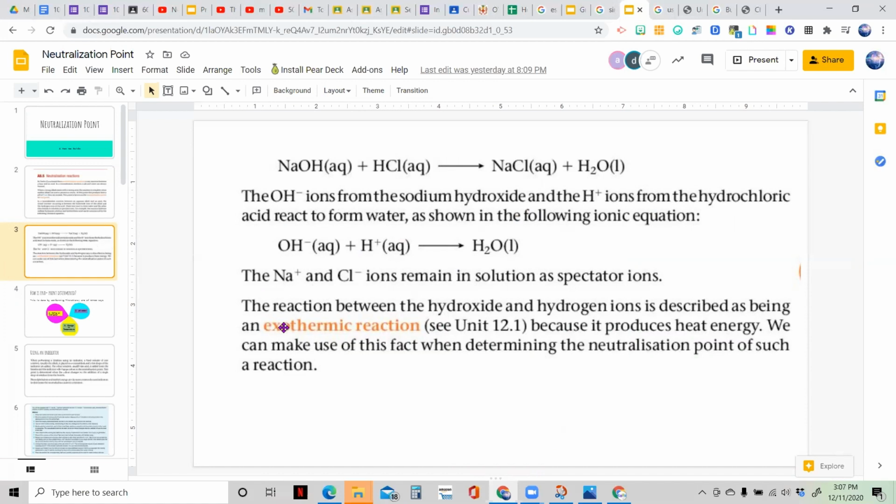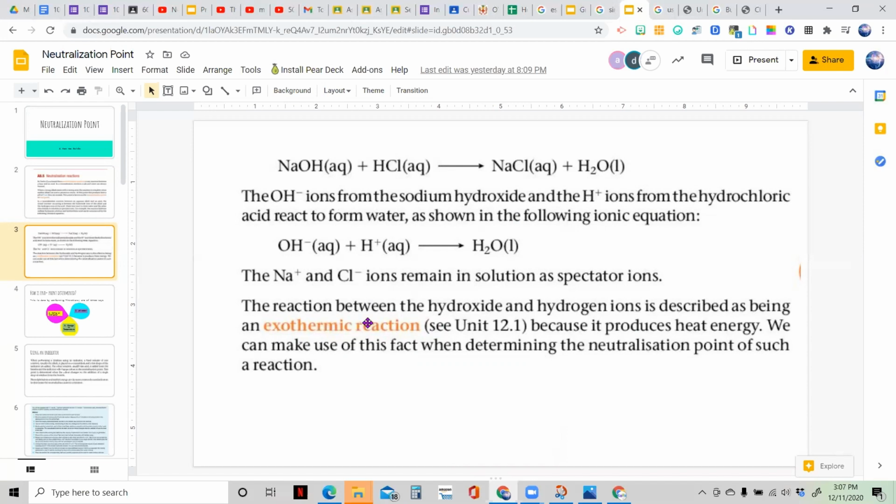When we broke it down, the prefix exo means out, and thermic suggests heat. So pretty much heat is being given out. So when the reaction is proceeding, your temperature is going to increase as the reactants form your salt and water.